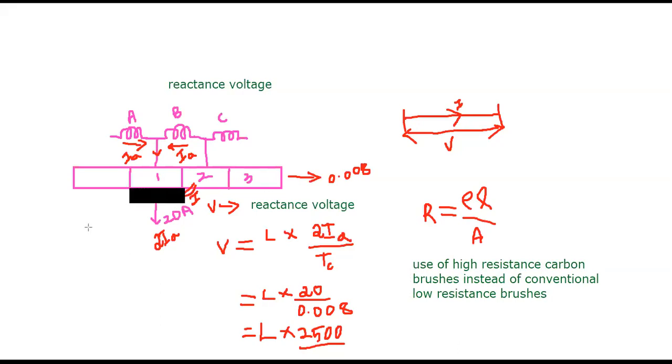Now what happens? As the principle we know, the current will travel only in the low resistance path and it won't travel in the high resistance path. Since the resistance of these carbon brushes is high, the current will not enter into the brushes in this fashion.